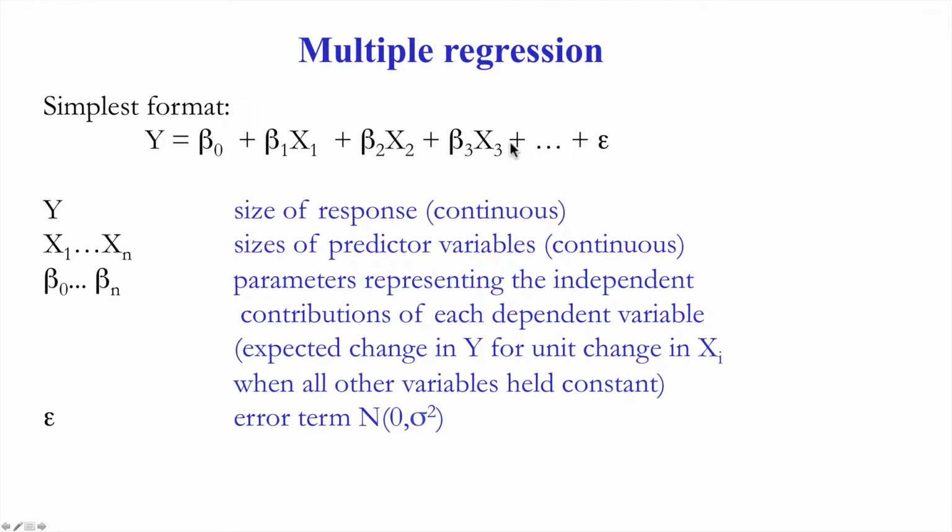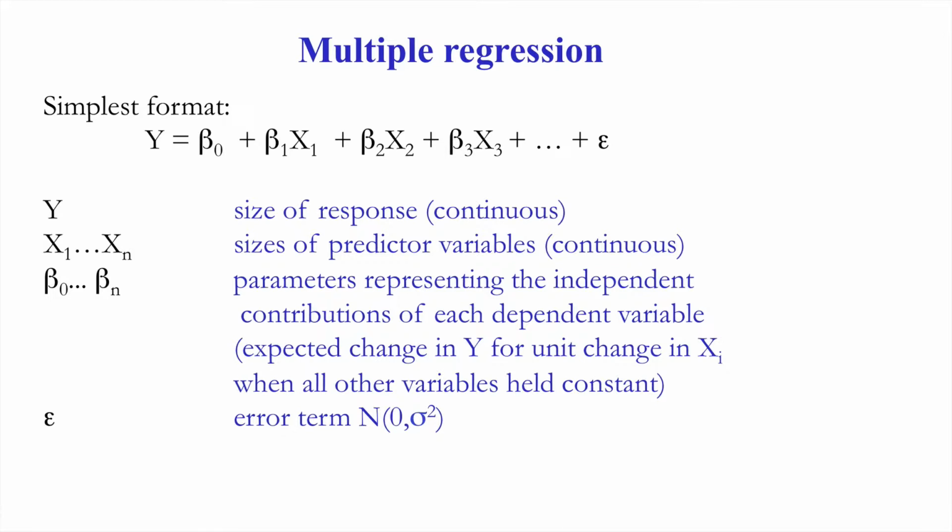In multiple regression, what we have is an extension of linear regression. We have a continuous response, an intercept, and a gradient with one continuous predictor, but then we can add more continuous predictors to our overall model. So y is a continuous response. The various x's here represent sizes of different predictor variables.